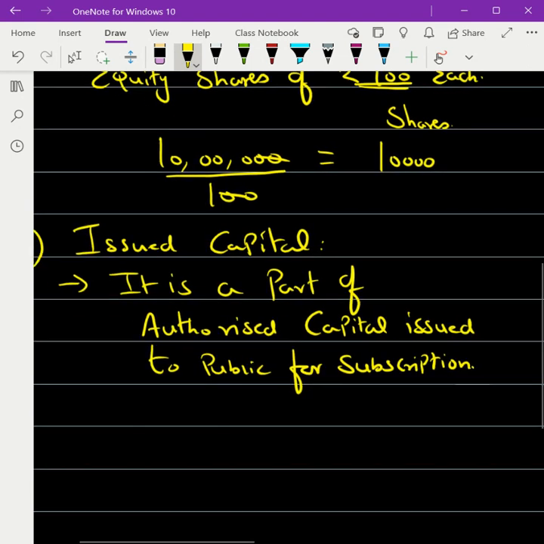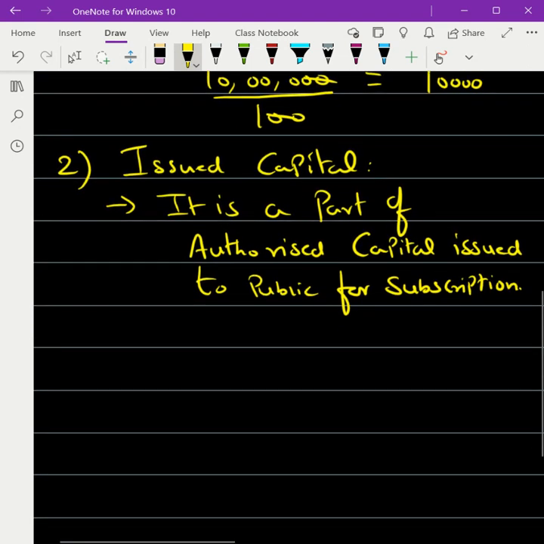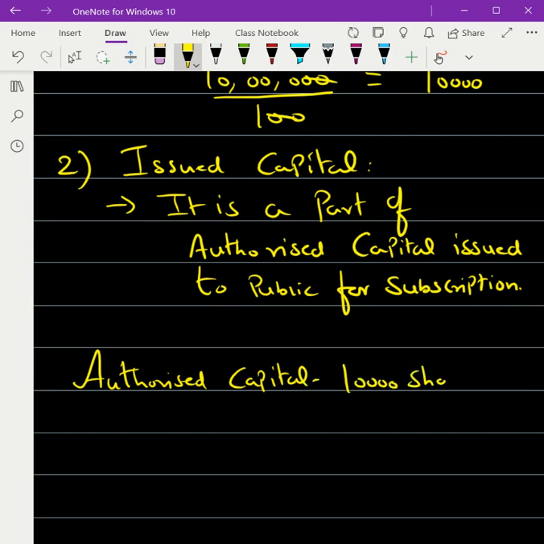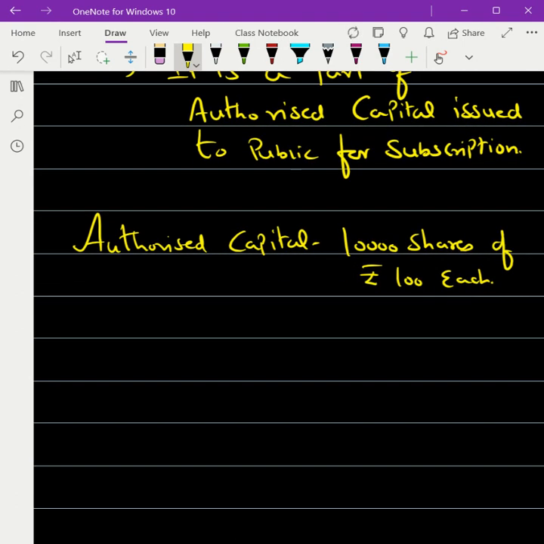So in my example which I mentioned above, I said that the company has got authorized capital of how much? 10 lakhs divided into 10,000 shares of rupees 100 each. Now, the issued capital is a part of this authorized capital.